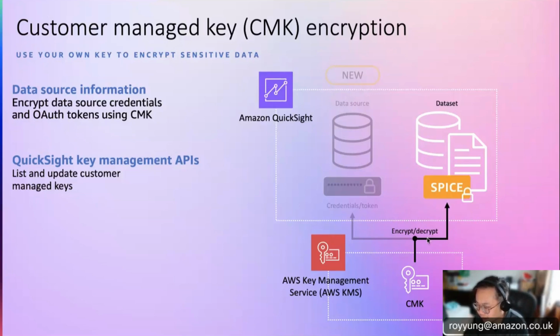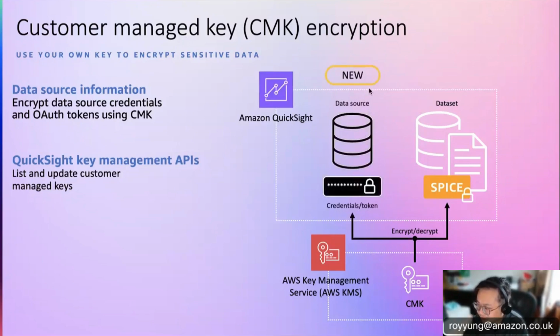The key is managed by AWS, but now you can bring your own key. With this new feature, you can bring your own key by integrating QuickSight with AWS key management.